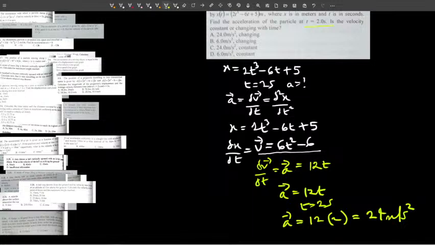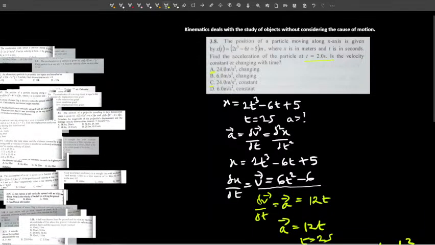So what will be the option? Options A, B and C look correct. They say 24 meters per second squared changing, or 24 meters per second squared constant. As this is given as the position of the particle, is the velocity changing or constant with time?